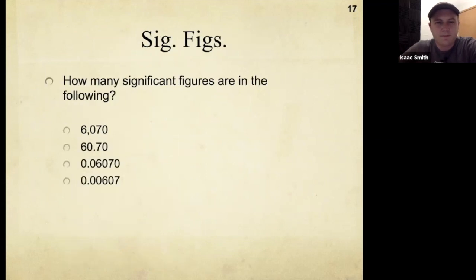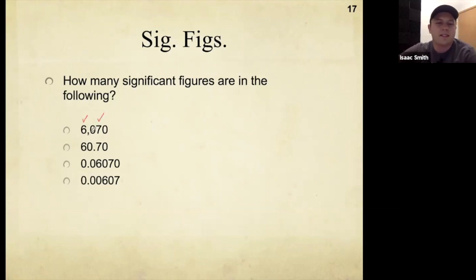Cool. If you want to just pause the video, you can try and do these on your own. Try and determine how many significant figures are in each of these. All right, so let's just go through them. In this first one, we know the 6 and the 7 are significant because they're non-zeros.